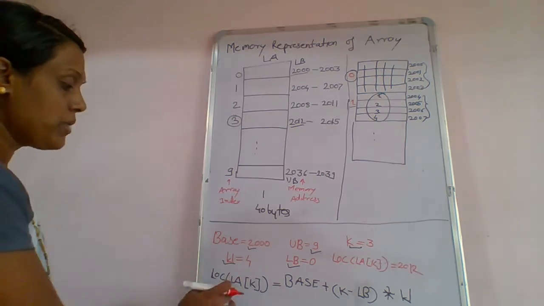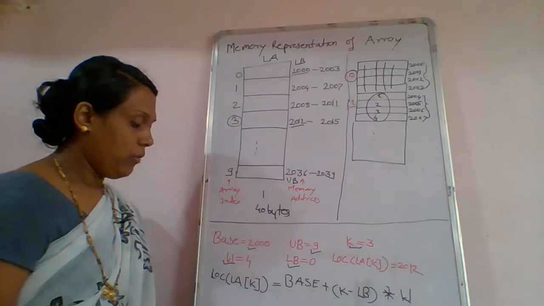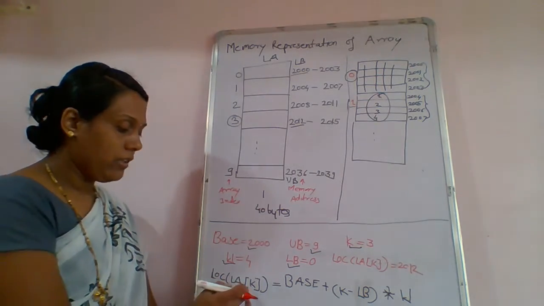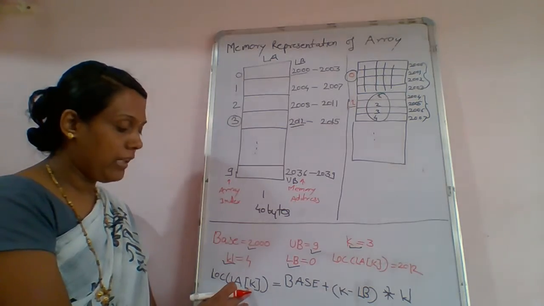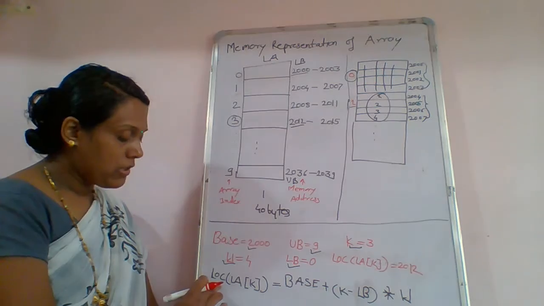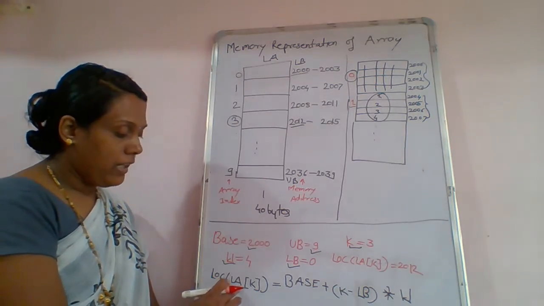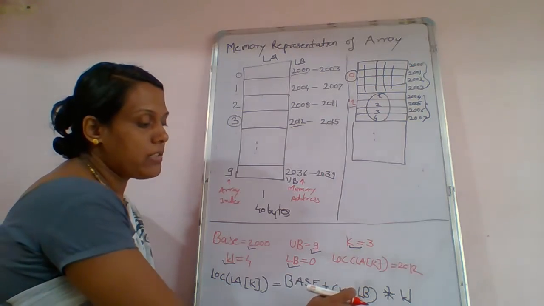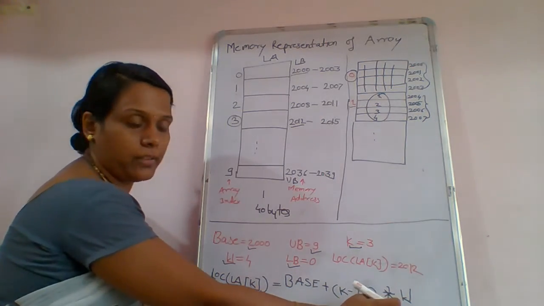Now, by using this formula, we can find out the location of that particular item. Here in this example, the kth location we are going to find. So the formula is: location of linear array kth is equal to base plus (k minus lower bound) into width.